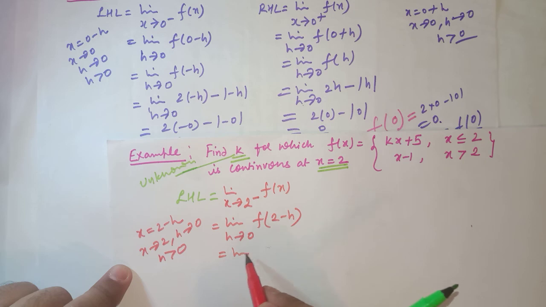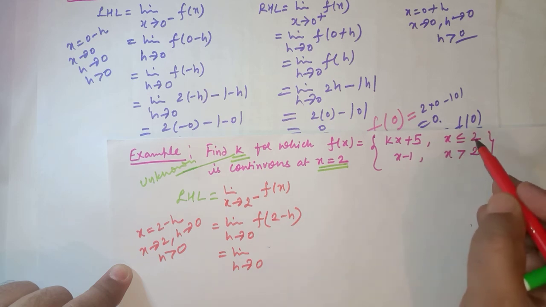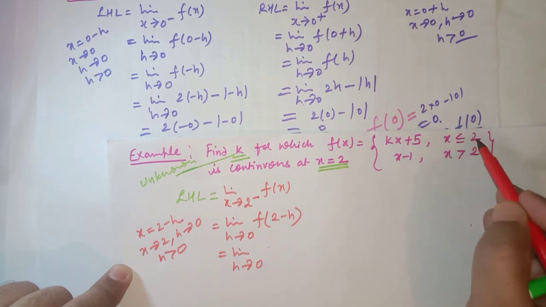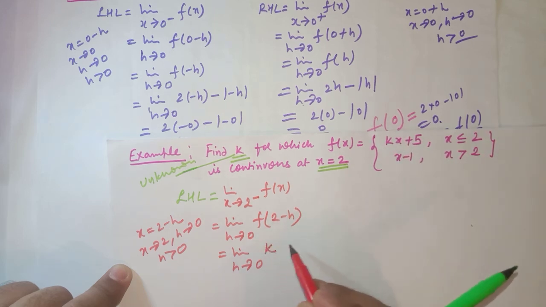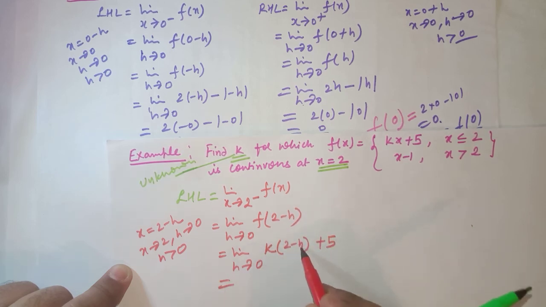So f of 2 minus h: for x less than 2, the function is defined as kx plus 5. So here we have k times (2 minus h) plus 5. So when we substitute h equal to 0 here, we have k times (2 minus 0) plus 5. So this is 2k plus 5.